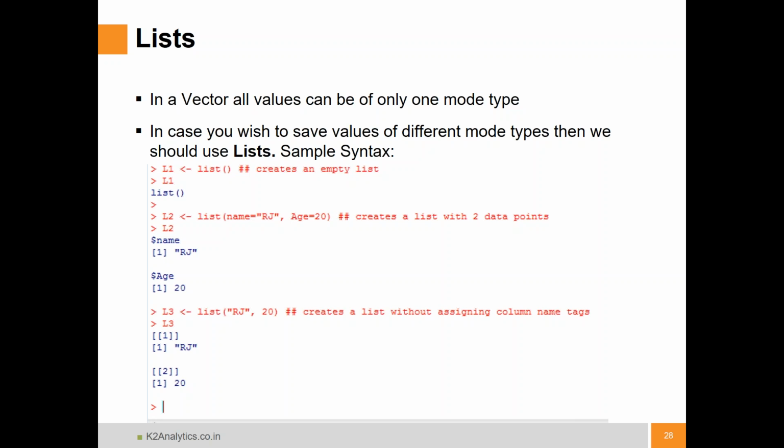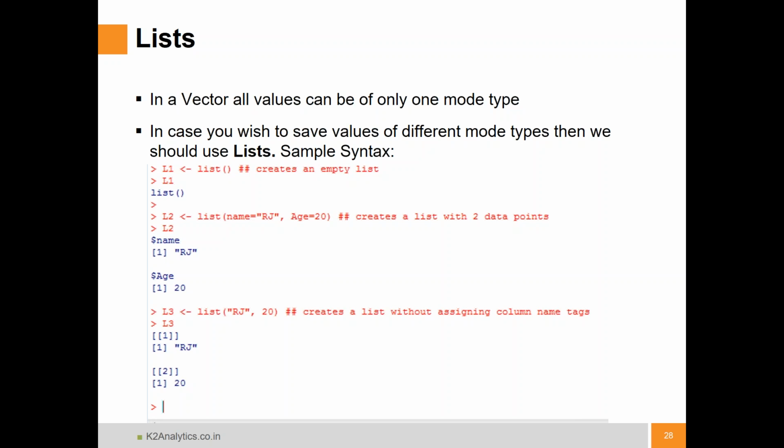No. When you create a shopping list, there are some items which are apparel, some items may be electronics, some items may be food items. So there are different types of items. So if you want to have values which are of different types, in that case you have to use a data structure which can store values of different types. In that case, you will have to use a list instead of a vector.